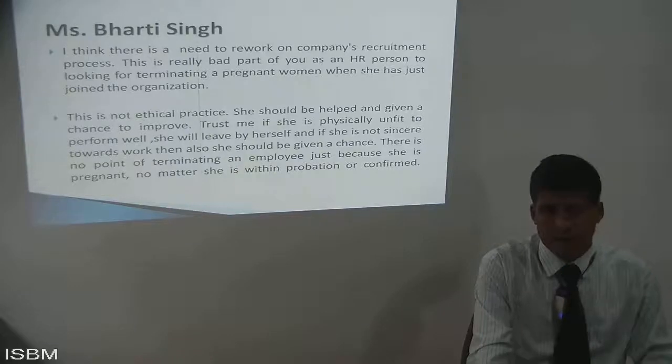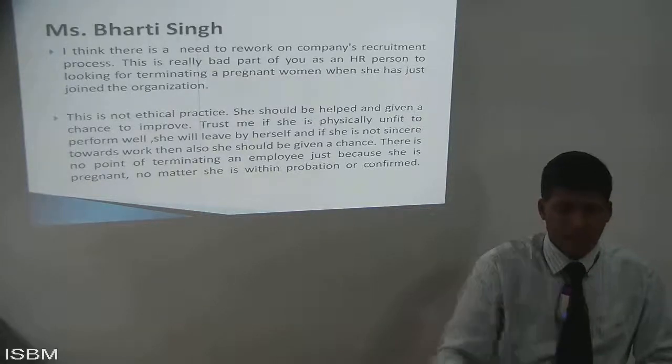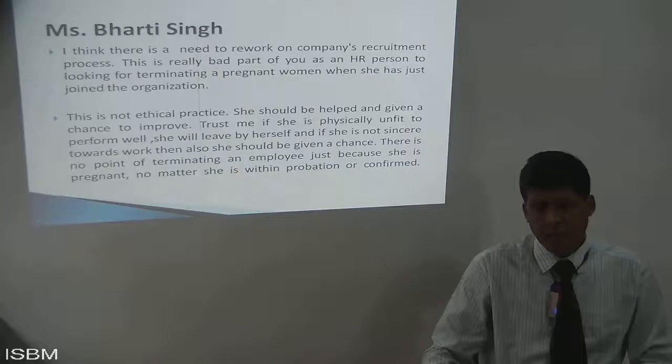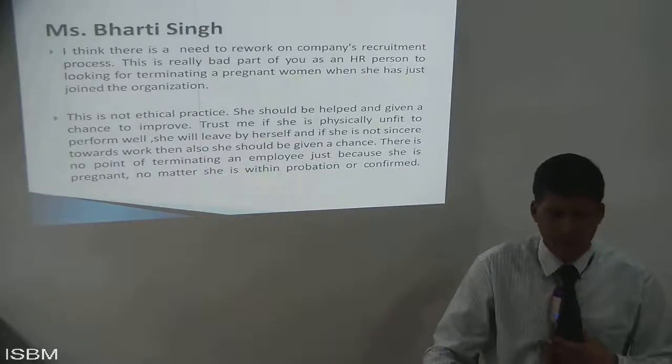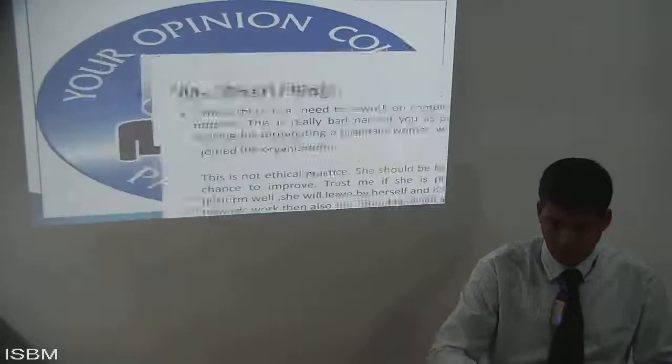Trust me, if she is physically unfit to perform well, she will leave on her own, and if she is not sincere towards the work, she will also be given a chance, just to see how she fares. There is no point in terminating an employee just because she is pregnant, no matter whether she is on probation or confirmed.